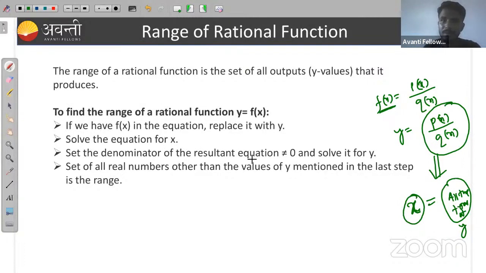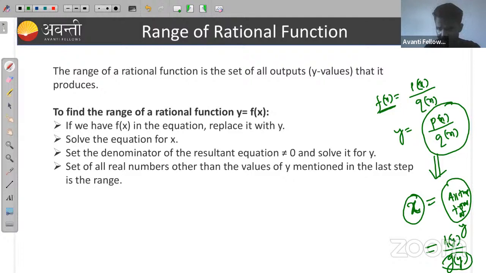Set the denominator of the resultant equation not equal to 0 and solve it for y. So if this is something upon something, you will get, let's say, h of y upon g of y. And what you have to do is find the domain of this new function. We'll see some examples where you will get better clarity on it.